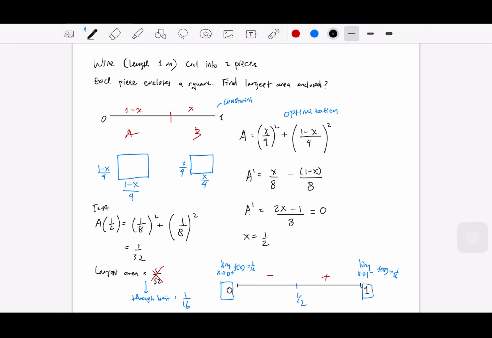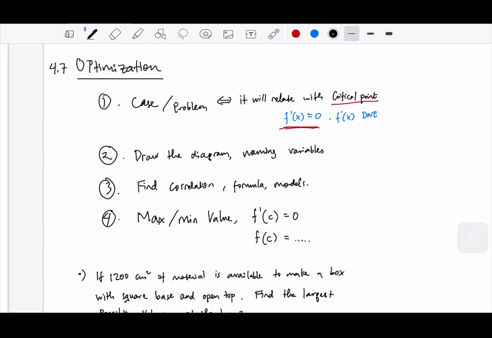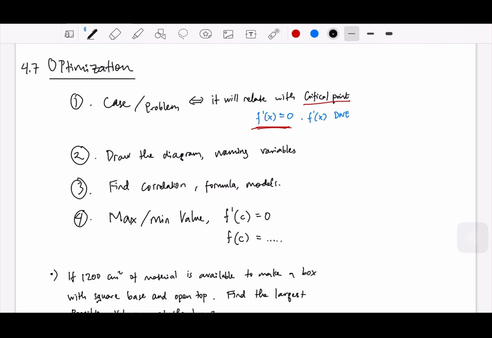Now, any question beforehand? Even if you don't really get this calculus part, the reasoning why this is the wrong question, it's still okay. You can still survive calculus as long as you keep your optimization rules for these 4 steps correct.